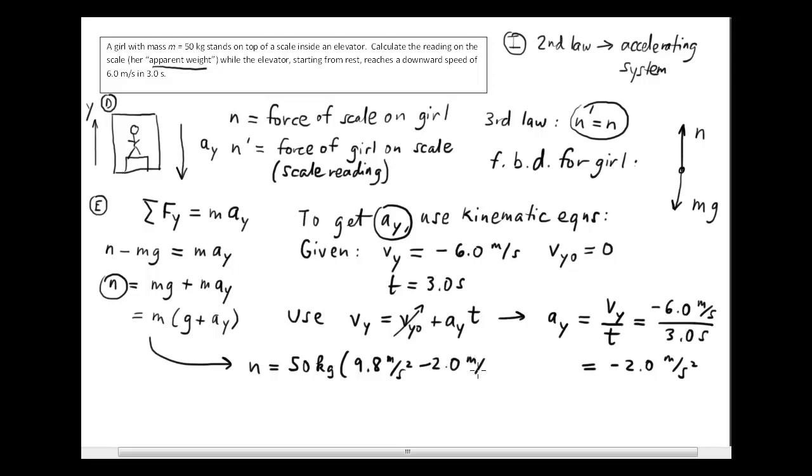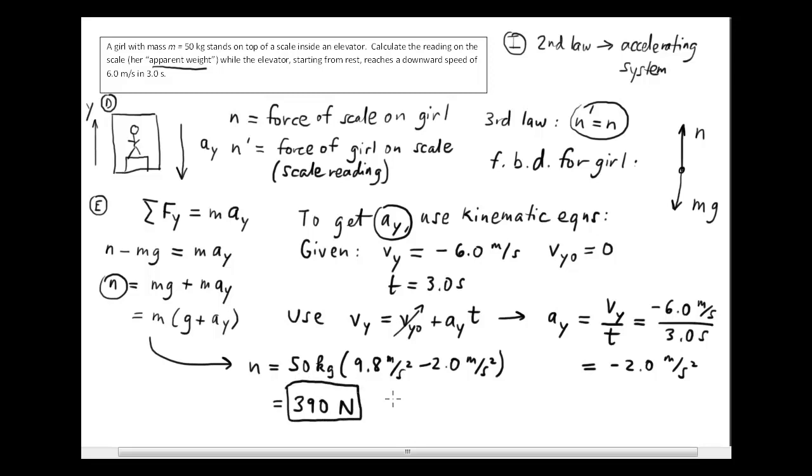I've got to make sure that I get that correctly. Clearly it makes sense because the elevator is accelerating downward. It's going faster in the downward direction. So when I evaluate this, I get an answer of about 390 newtons. So that's my answer. That is her apparent weight.